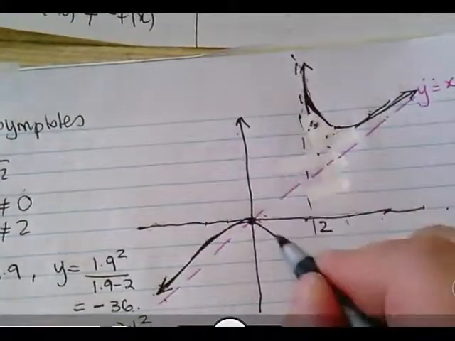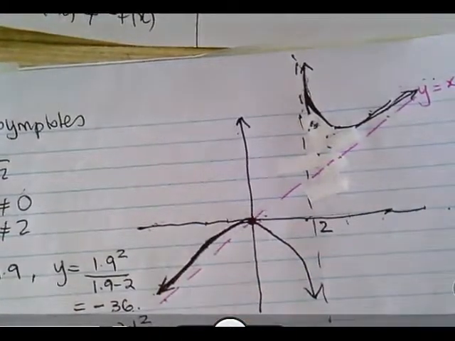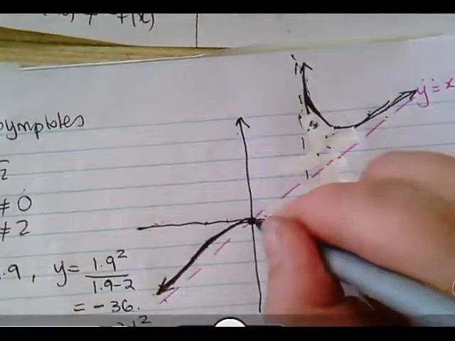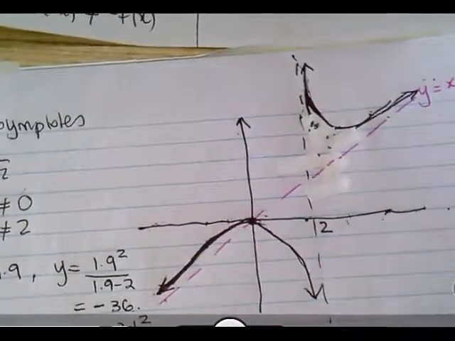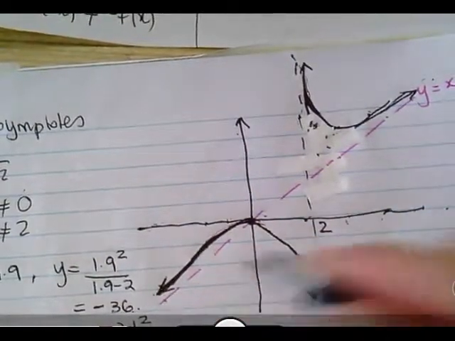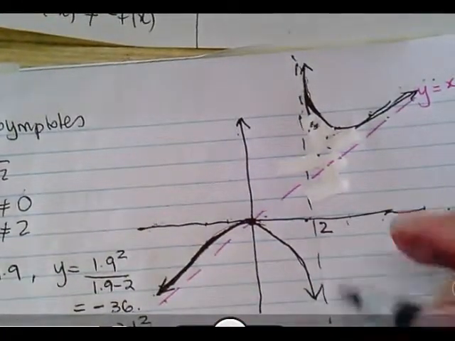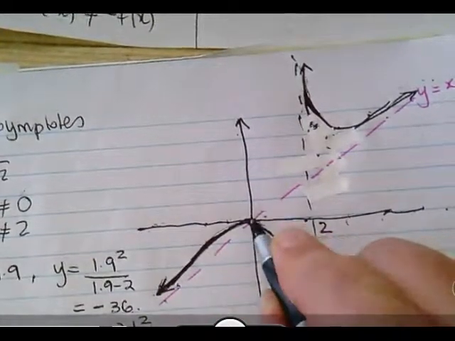Now don't worry too much about this shape here and what it does. All right? Okay, so that's not connected. This cuts the asymptote. An asymptote is only an asymptote for large values. You are allowed to cross it and come back and approach it. Okay? This is an asymptote as x gets big, not when x is 0.